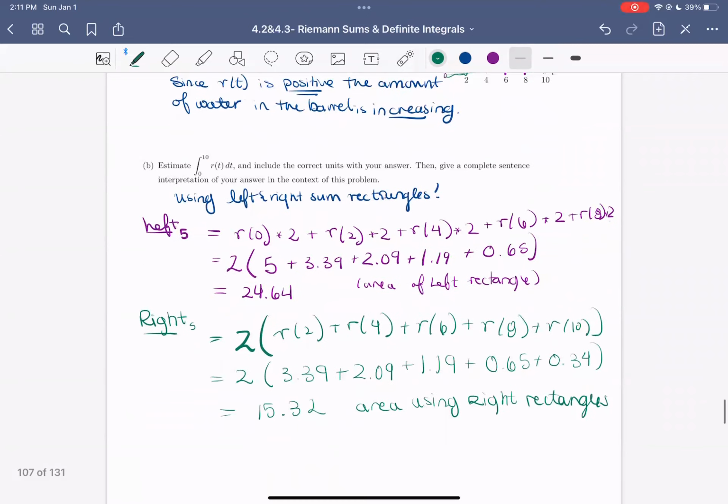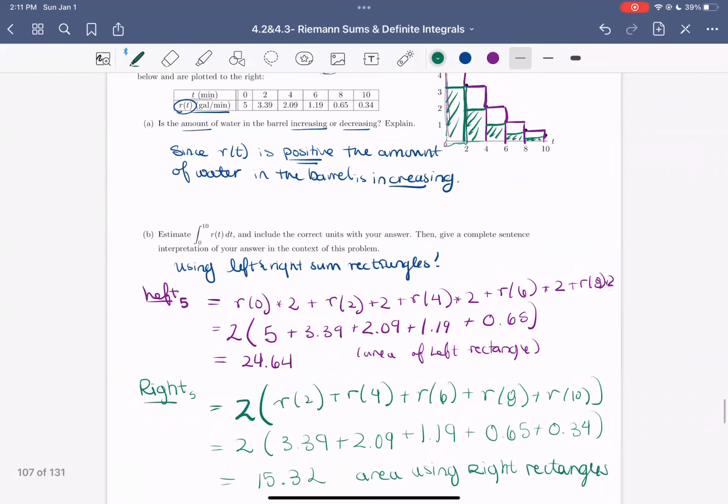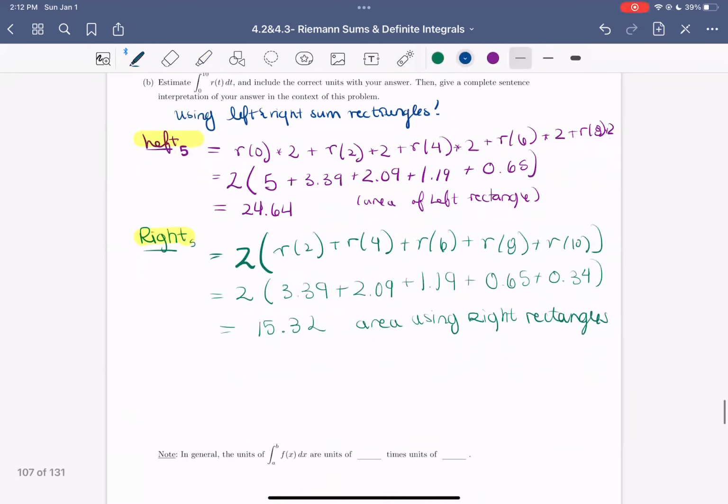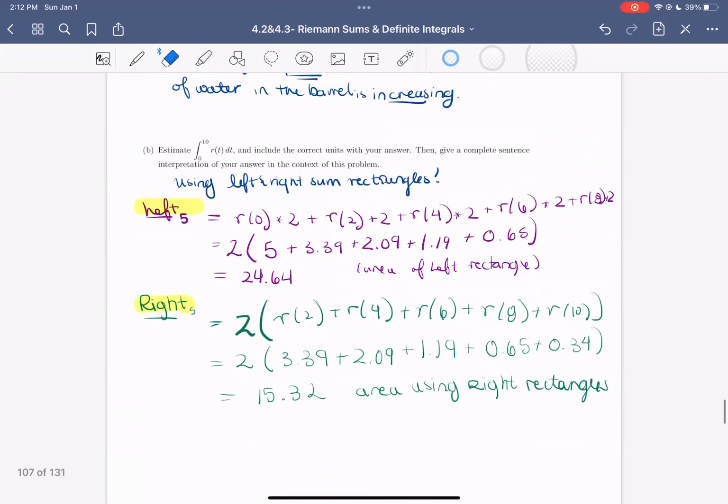Okay. So now what would be the unit? So maybe I'll step back here. So these 2 estimates we just computed, what do these values estimate? Well, they estimate that integral. And to further estimate, what we can do is take an average of these 2 areas. So let's write that down first.